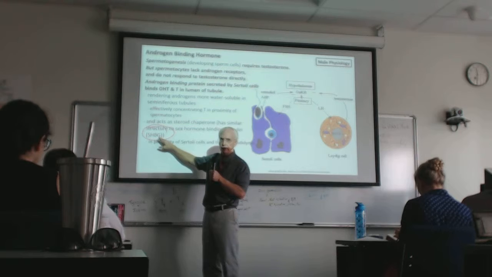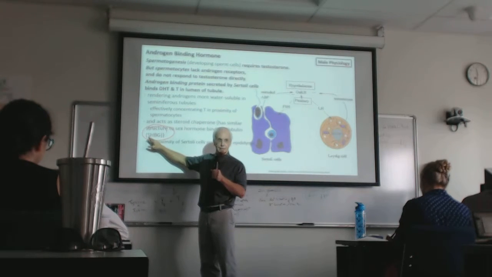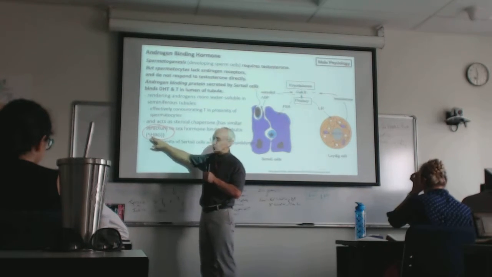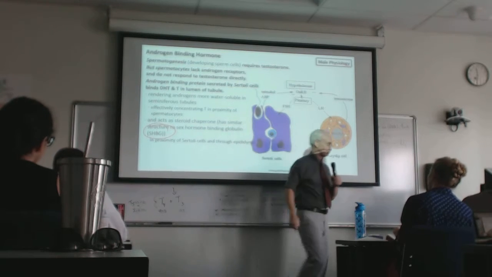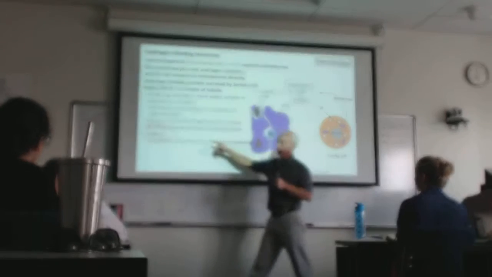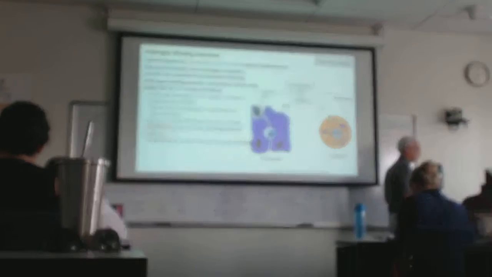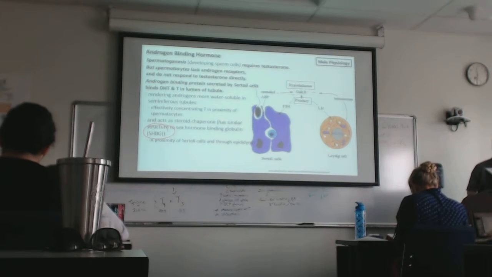G, globulin. S, X, yeah. Most classes say steroid because they're polite. Not this group. No, it's just sex hormone binding globulin. You're exactly right. But my point is, it's probably the same thing. ABP and SHBG, which we'll talk about in females, are probably structurally pretty much the same thing. If not, they're very, very similar.